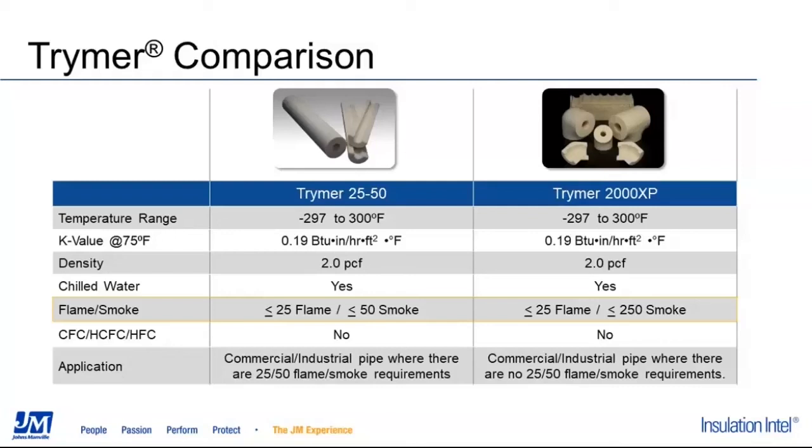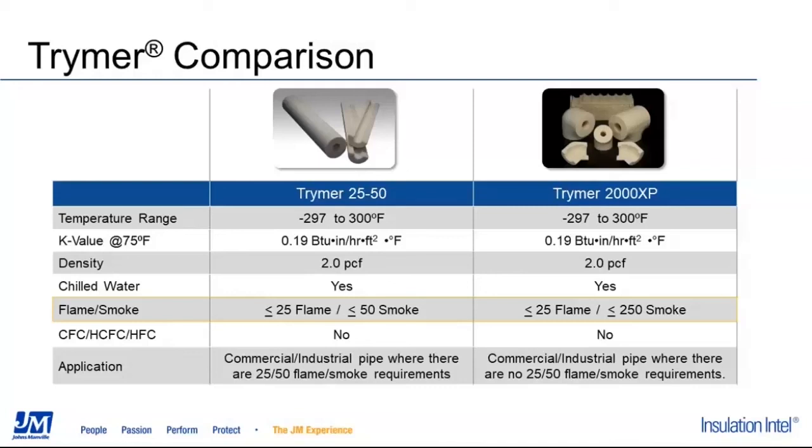So what's different? Well, now we're coming up to it, and it's in the flame spread and smoke developed values, as you can see here. So for Trymer 2550, the values are less than 25 and less than 50, and hence the name. For Trymer 2000 XP, the flame spread is less than 25, but the smoke developed is less than 250.